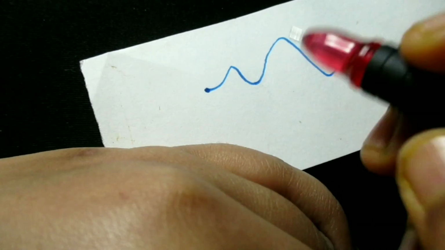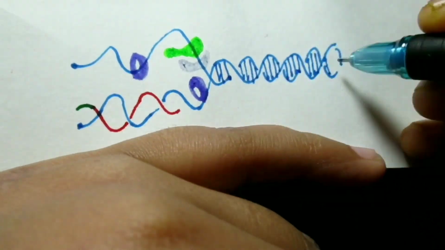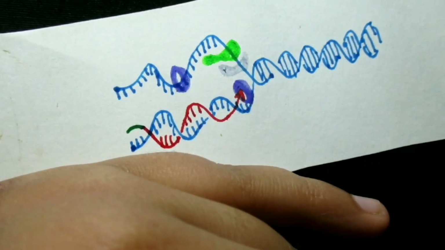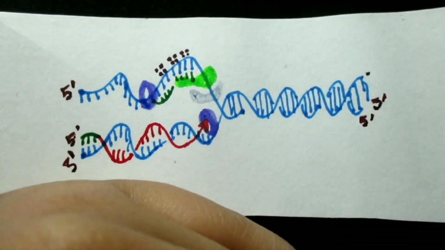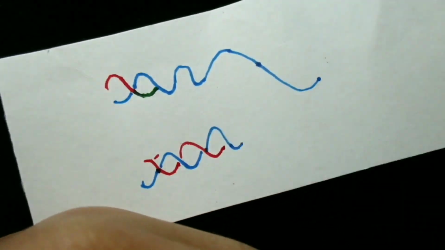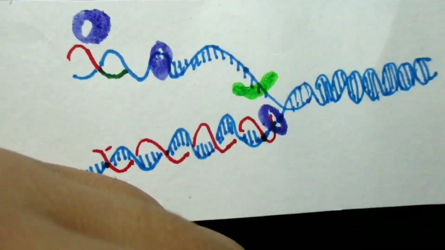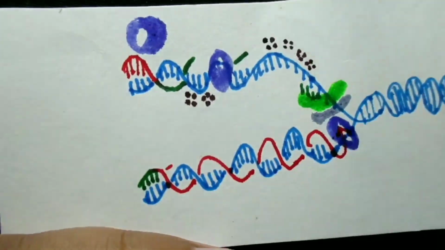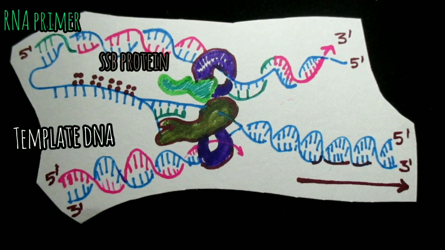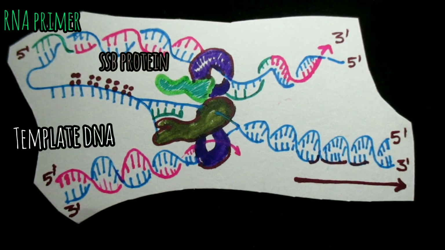Now, the process of separation of double-stranded DNA into two single strands is called DNA denaturation or DNA melting. Single-strand DNA binding proteins bind to each single-stranded DNA, stabilizing them and preventing them from reforming double-stranded DNA by complementary base pairing, a process called reannealing.